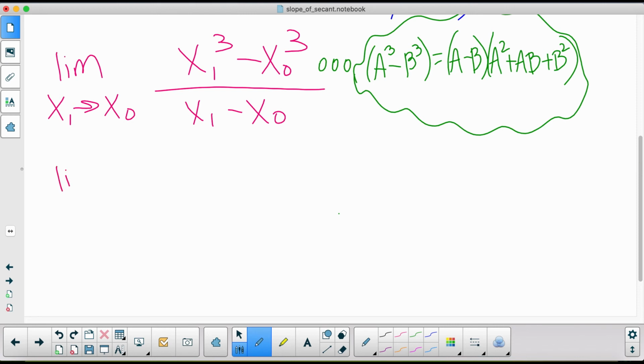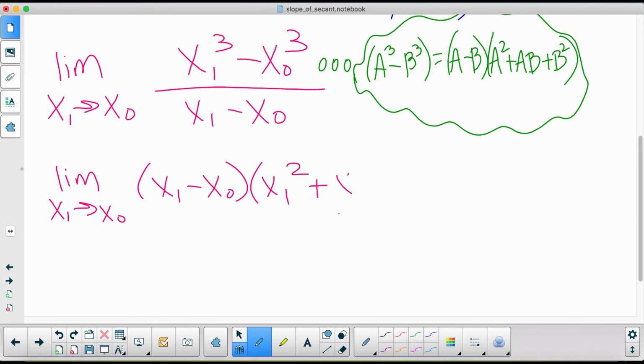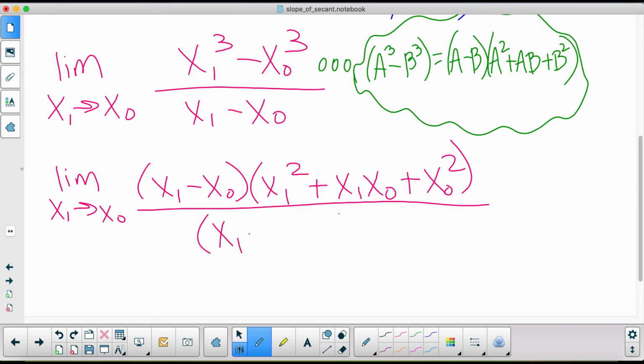So we have the limit as x1 goes to x0 of x sub 1 minus x sub 0, and then you have x sub 1 squared plus x sub 1 times x sub 0 plus x sub 0 squared, all over x sub 1 minus x sub 0, which you should be excited about because, of course, those will drop and be a 1.